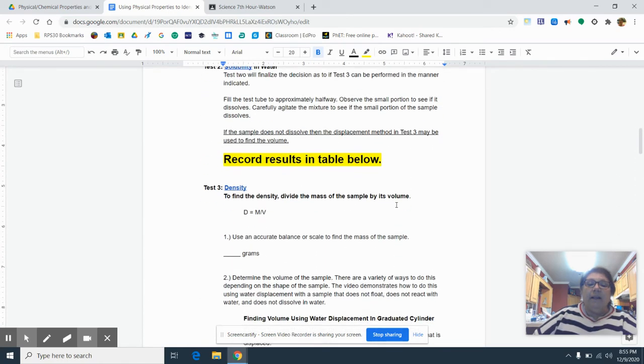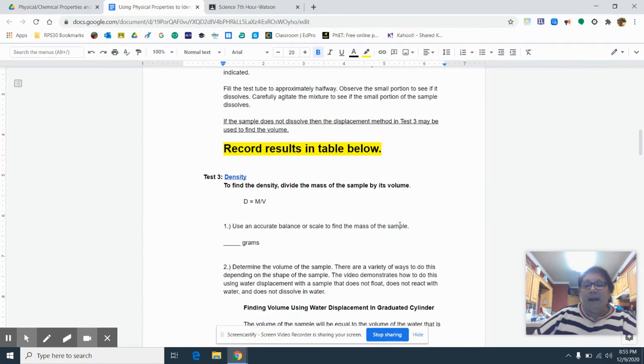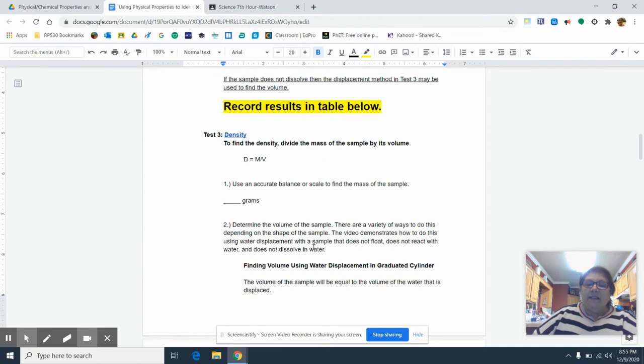The third one, you guys are going to have to do a little bit of math here. He does give you the mass. And he's going to show you a neat concept with density. To find the density, you divide the mass of the object by its volume.